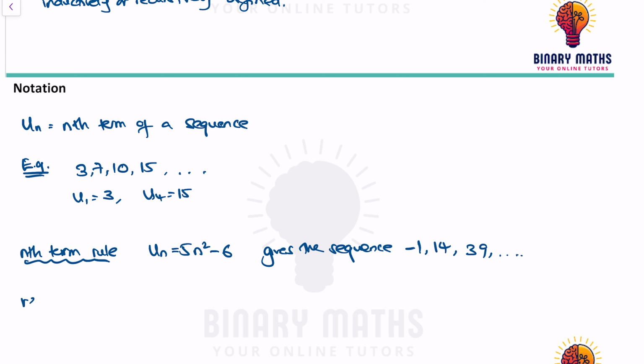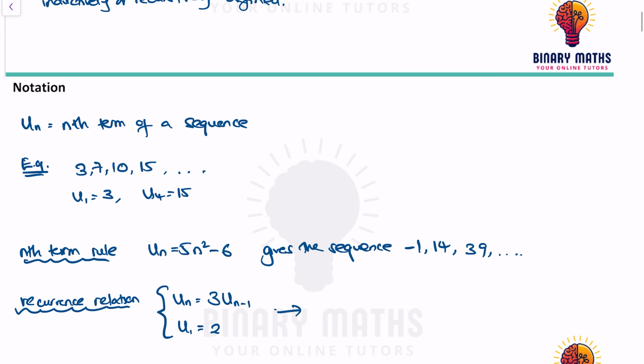Now, recurrence relation. For a recurrence relation, we might have an expression, u_n = 3u_(n−1), where u_1 = 2. That implies u_1 is equal to 2, so this gives a sequence.